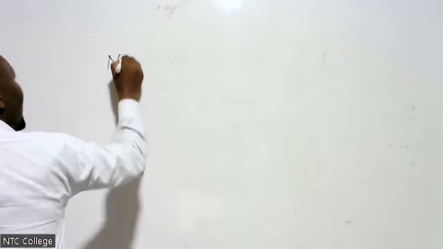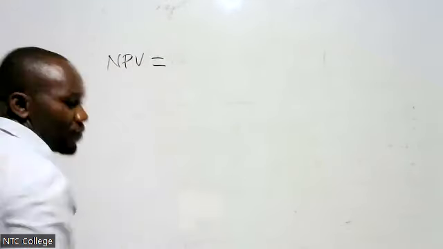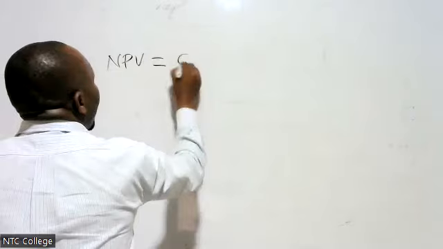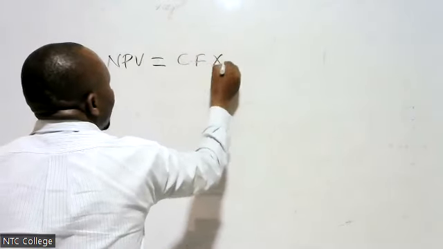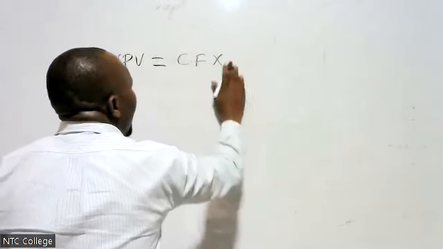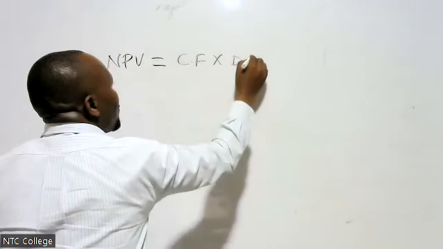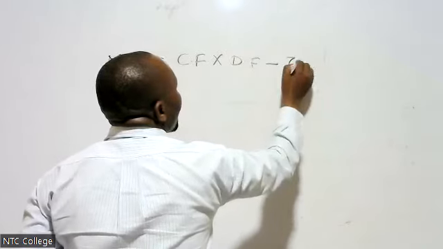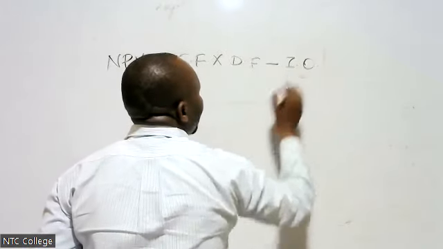NPV is equal to the cash flow times the discounting factor, the PV factor, minus the initial outlay.